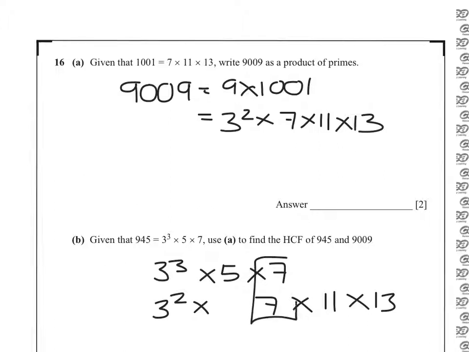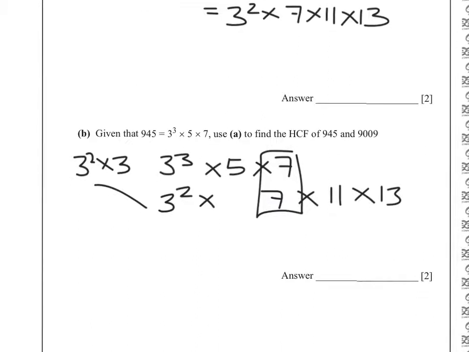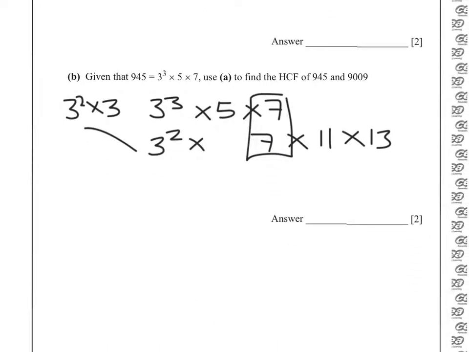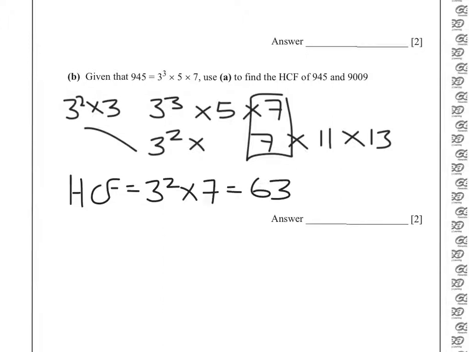So I'm looking for common, which is 7. One has 3 cubed, but 3 cubed is 3 squared times 3. So the other common is 3 squared. So the HCF will be 3 squared times 7, 9 times 7, which is 63.